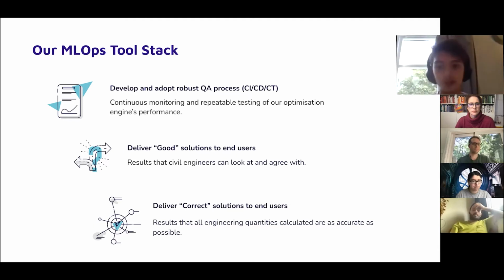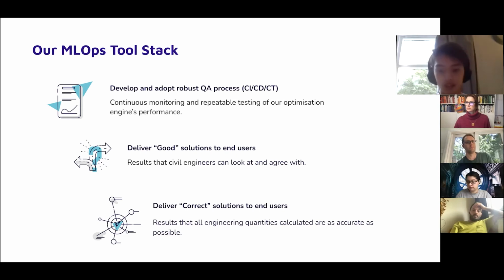Those are things we need to make sure of for quality. So in that case, we need to develop a very robust QA process for our testing. So we have to continuously monitor our algorithm performance and test the algorithm weekly.